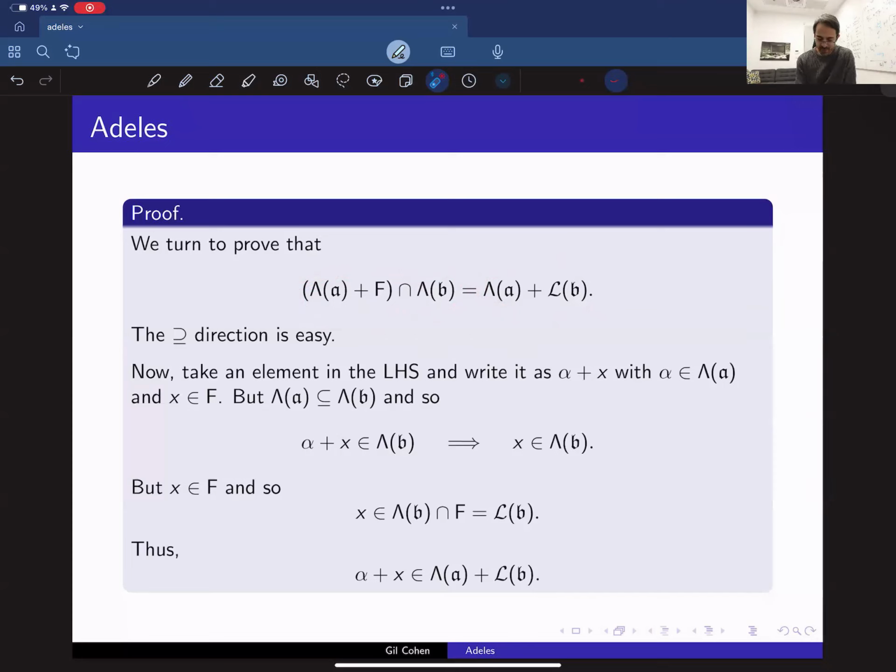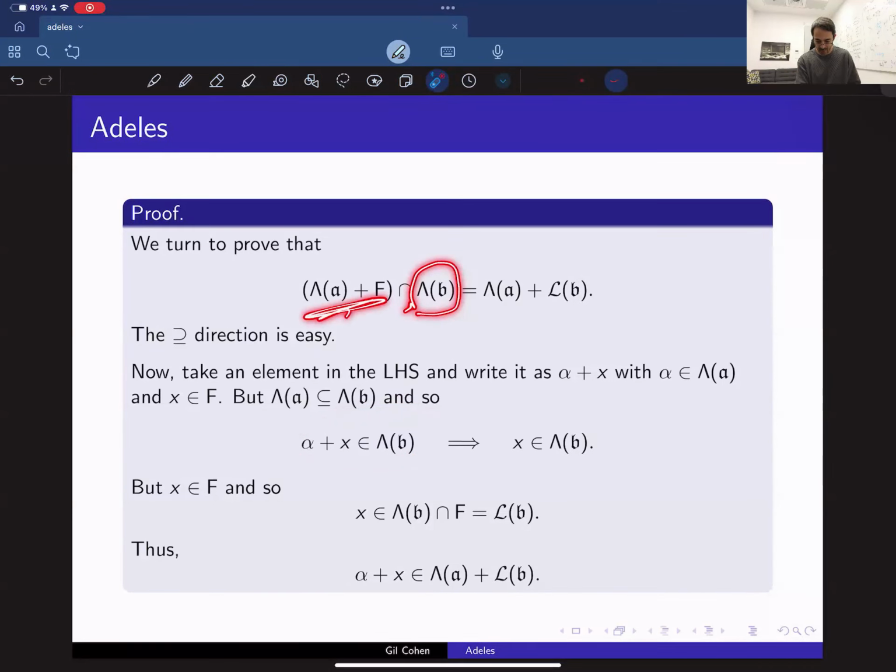Let's take an element in the left-hand side, and because it is in this part of the intersection, you can write it as alpha plus x, where alpha is in the lambda space of A and x is a function. It also holds that alpha plus x is in the lambda space of B because it's in the intersection.